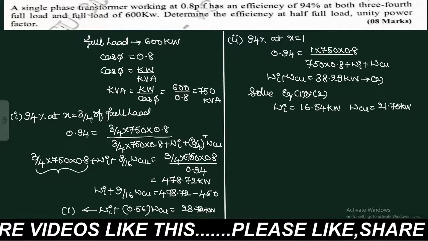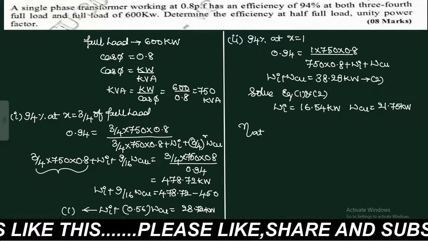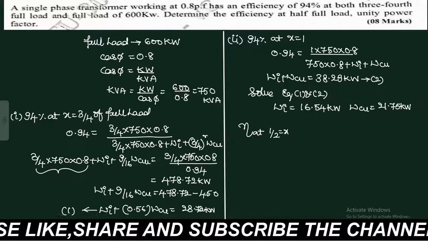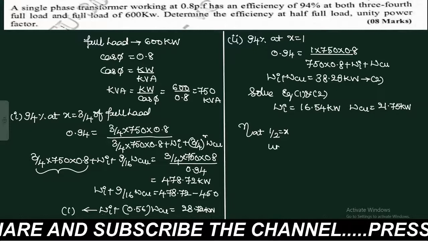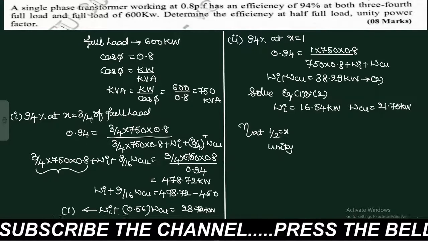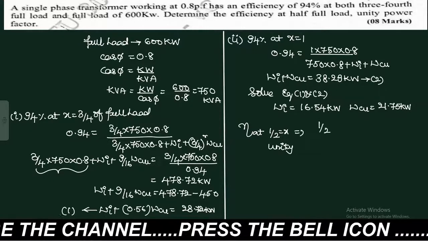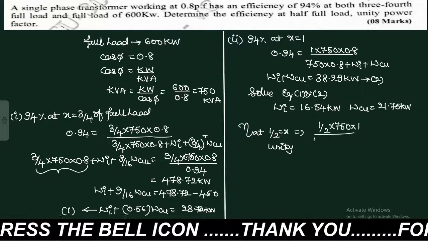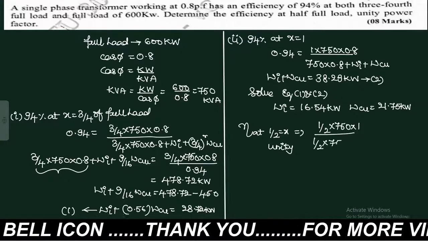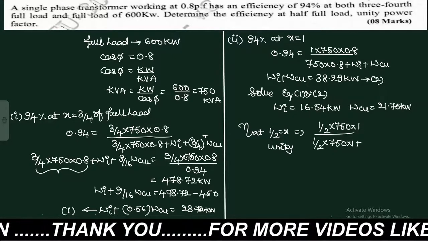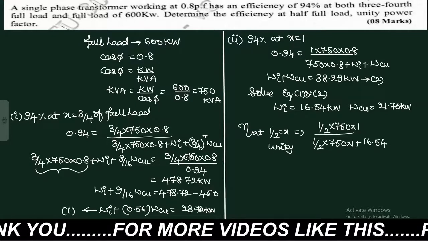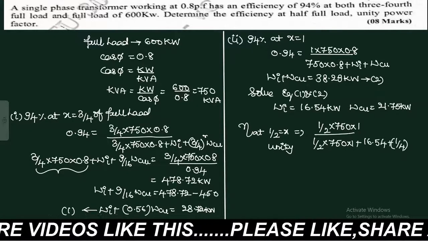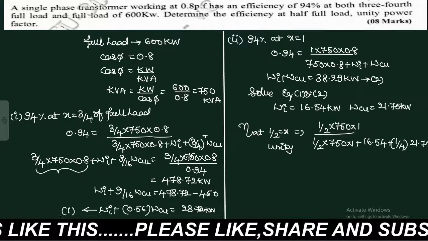Now we have to find the efficiency at half of the full load, that means x equals half, with unity power factor. Let us write half into 750 into power factor 1, divided by half into 750 into 1 plus iron losses 16.54 plus copper losses, which become 1 by 2 whole square, that is 1 by 4, into 21.75.